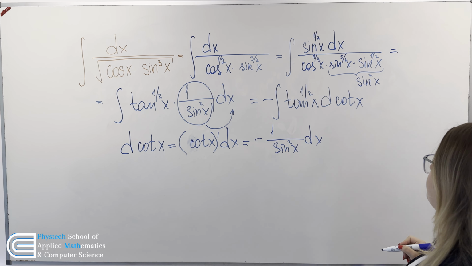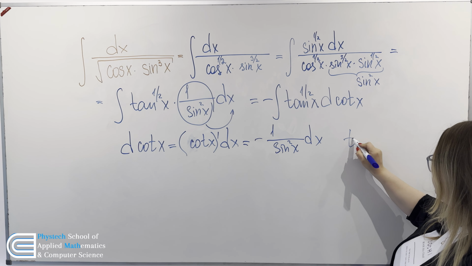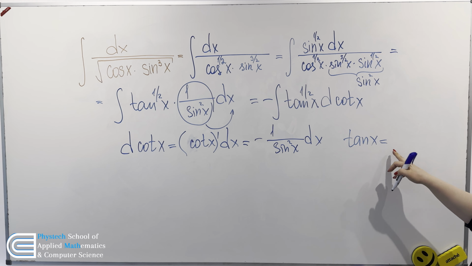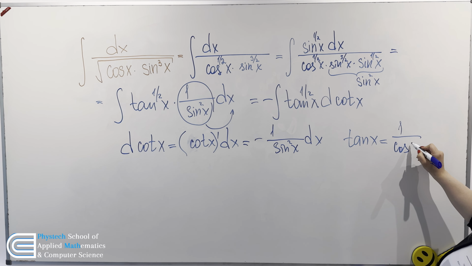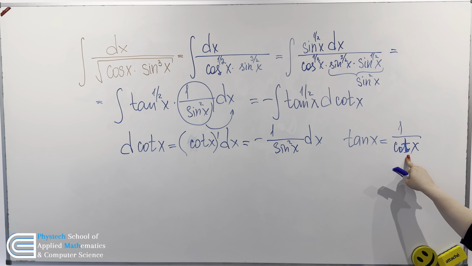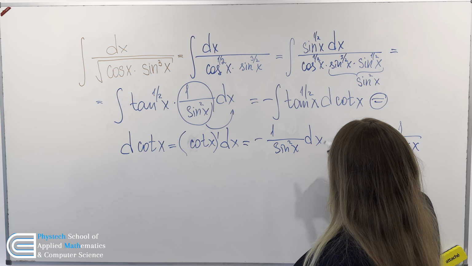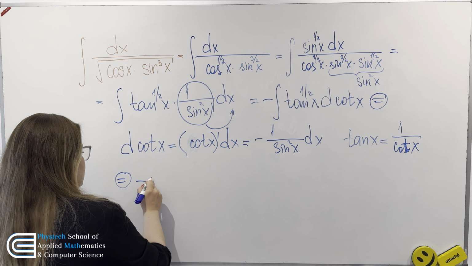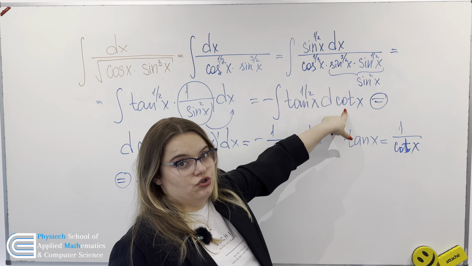cotangent of x. And also we know that tangent of x equals to 1 divided by cotangent of x. So let's rewrite it. Here we want to have cotangent.